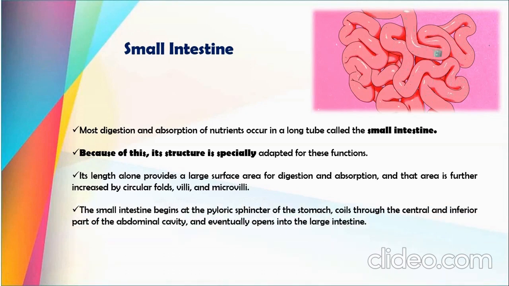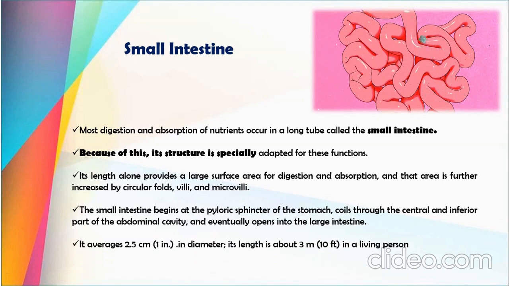The small intestine begins at the pyloric sphincter of the stomach, coils through the central and inferior part of the abdominal cavity, and eventually opens into the large intestine. It averages 2.5 cm in diameter. Its length is about 3 meters in a living person.